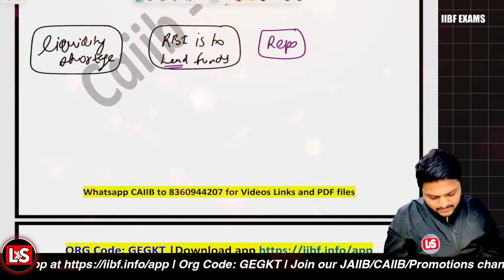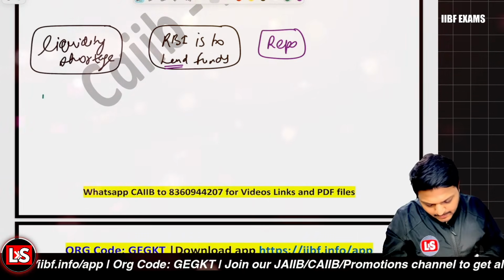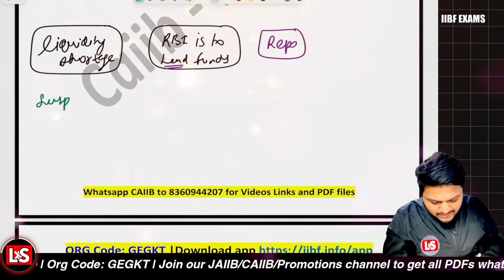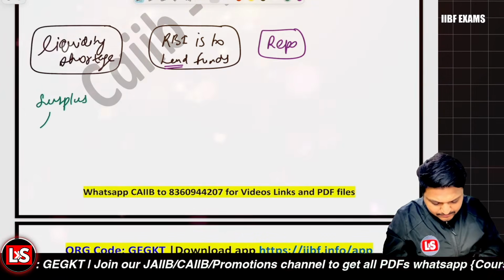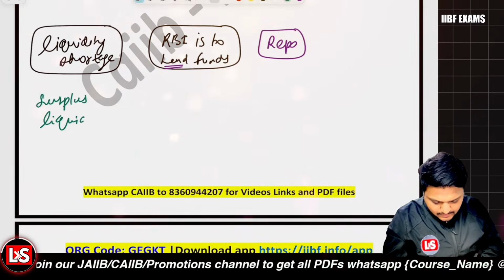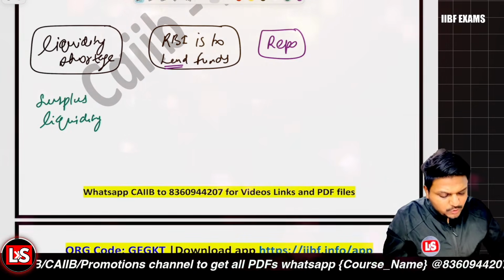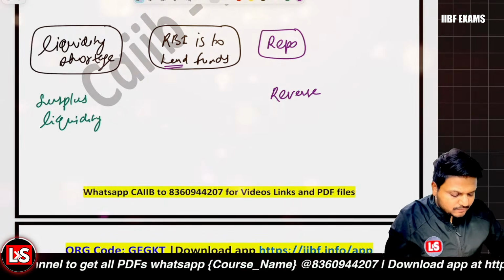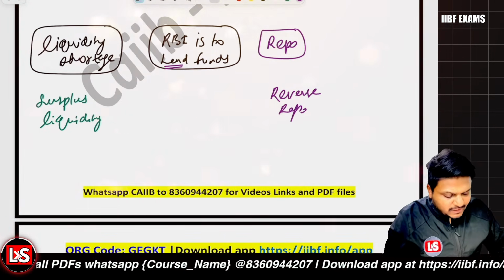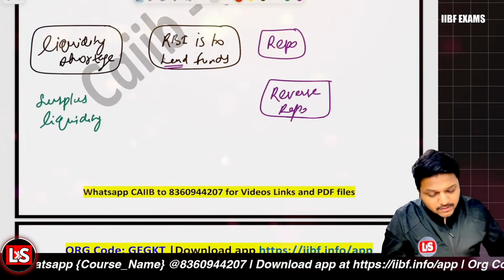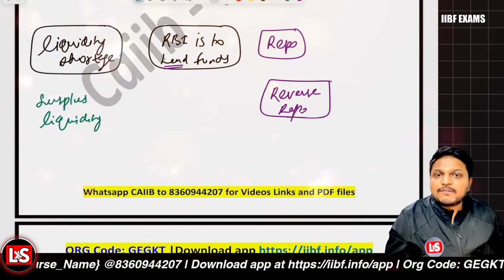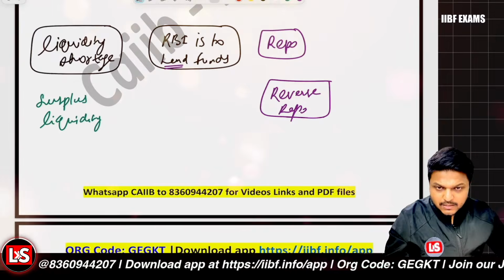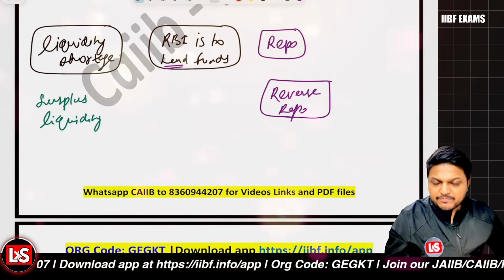On the other hand, let's say there is surplus liquidity in the market. Then the RBI is going to use the tool which is the reverse repo. So RBI will ask the banks to place their surplus funds with the Reserve Bank of India, right?